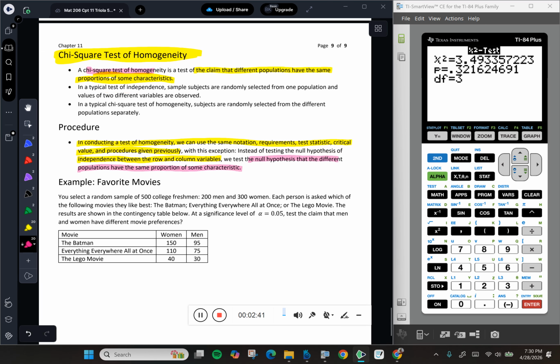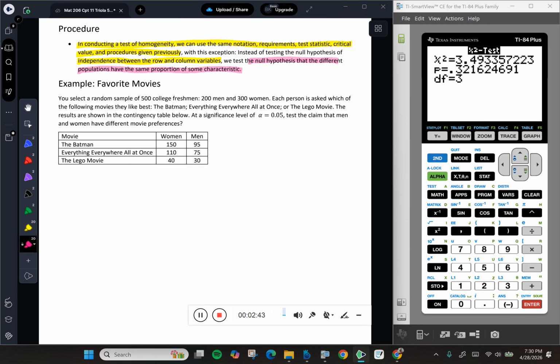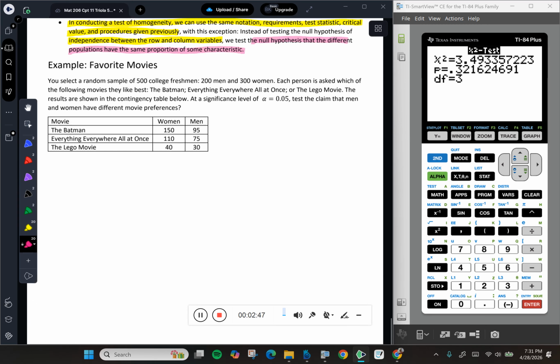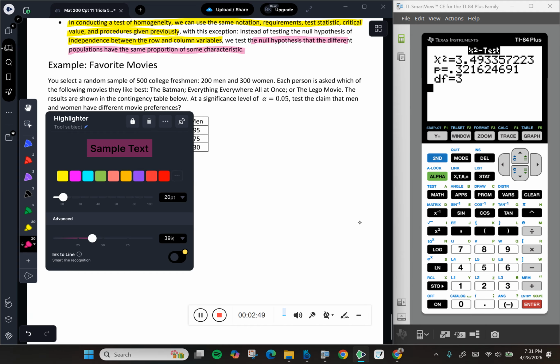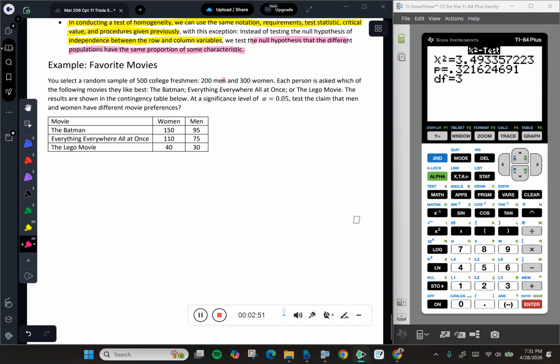So here's our first example, our only example, favorite movies. You randomly select 500 college freshmen. 200 are men and 300 are women. So there's one population, there's our other population, men and women. We measure them on the same thing. We say, which of the following movies do you like best?